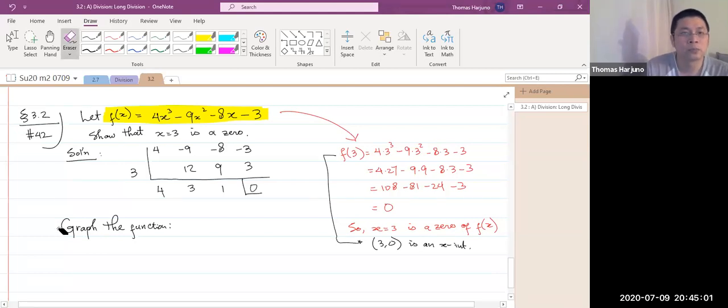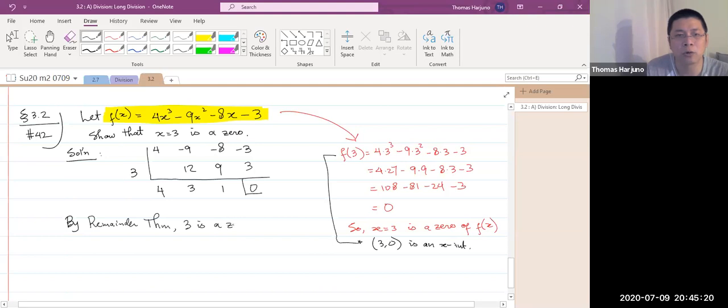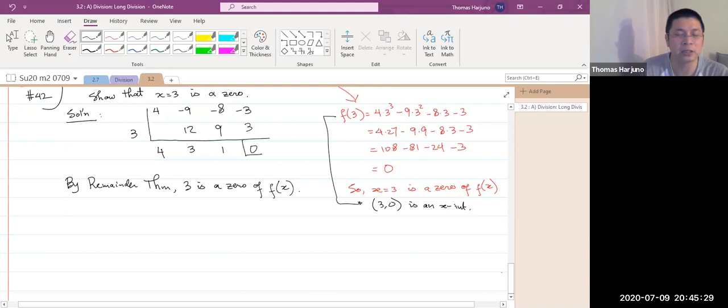So yes, at this point, by the remainder theorem, 3 is a 0 of f(x). But then how do I use that information to go on further, to graph it?